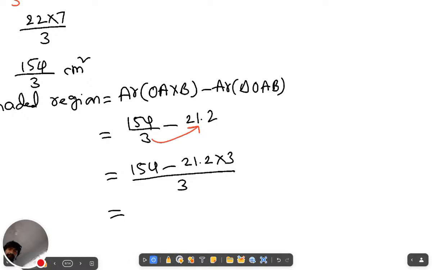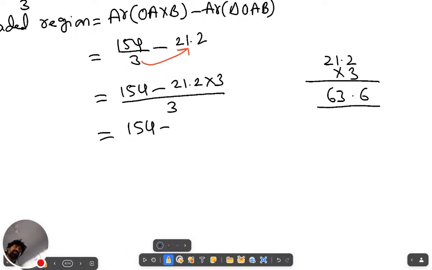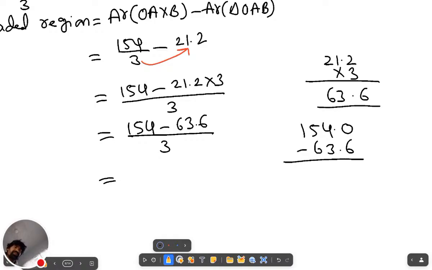So next, 154 minus 21.2 into 3. 3 1s are 3, 3 2s are 6. So it is equal to 63.6 by 3. Now 154 minus 63.6.